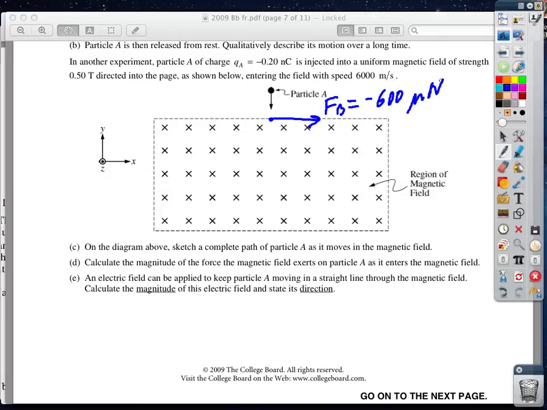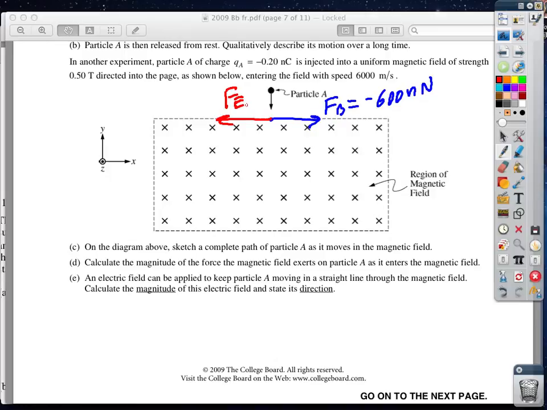Everybody cool with that? All I did was take the micro. No, it's nanocoulombs. Great. Nanonewtons. Okay, so then we just have to make an electric field that goes this way to match.